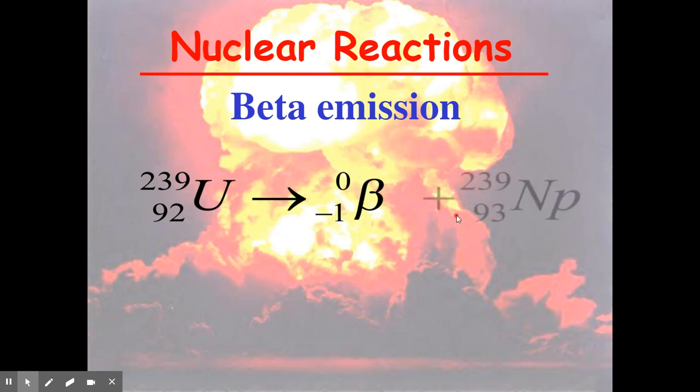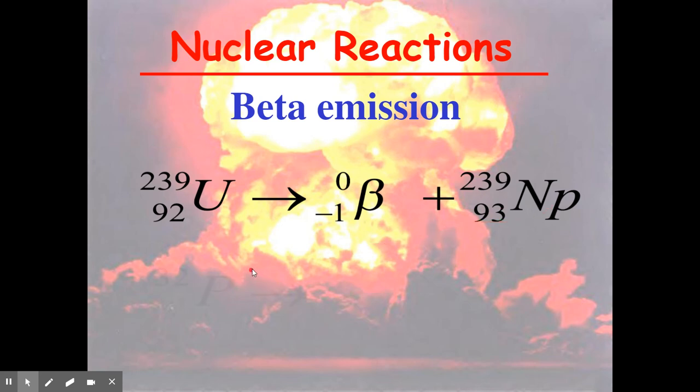So we've got to have a 93. When you look up on your periodic table, number 93's symbol is Np, which is neptunium. So uranium-239 will decay into neptunium-239, or the daughter nucleus of uranium-239 is neptunium-239.